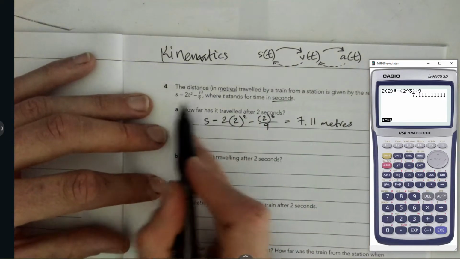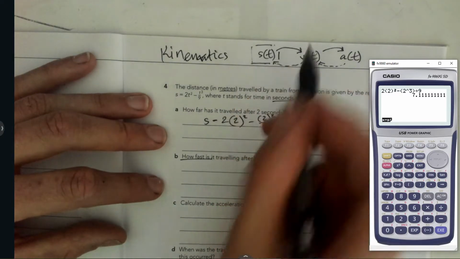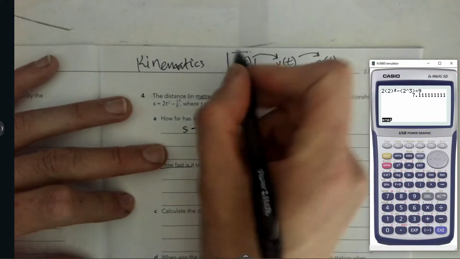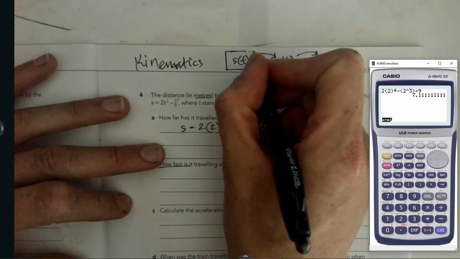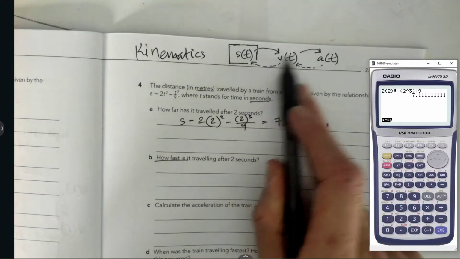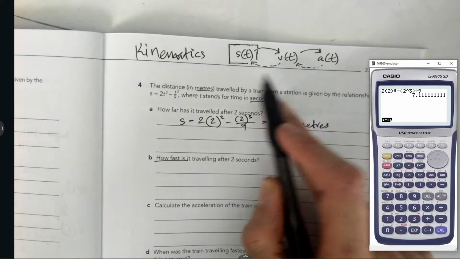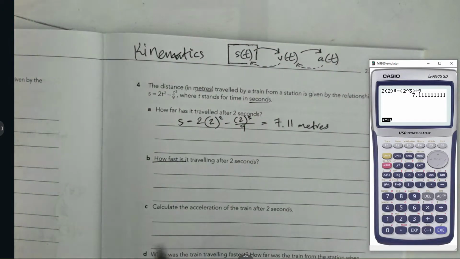But we started off with the displacement, right? So we're only ever going to really have to do differentiation. If they start you off with acceleration, you're only going to need to do anti-differentiation. So yeah, here displacement, so we just have to differentiate.